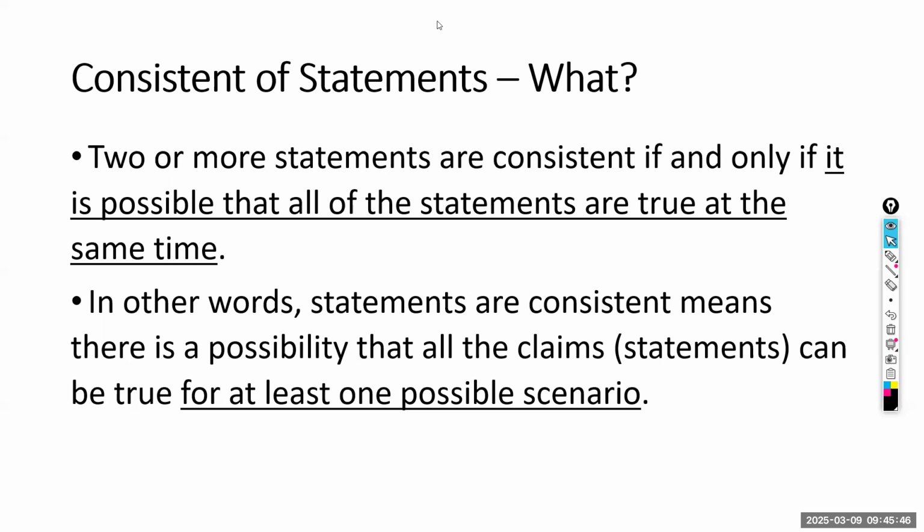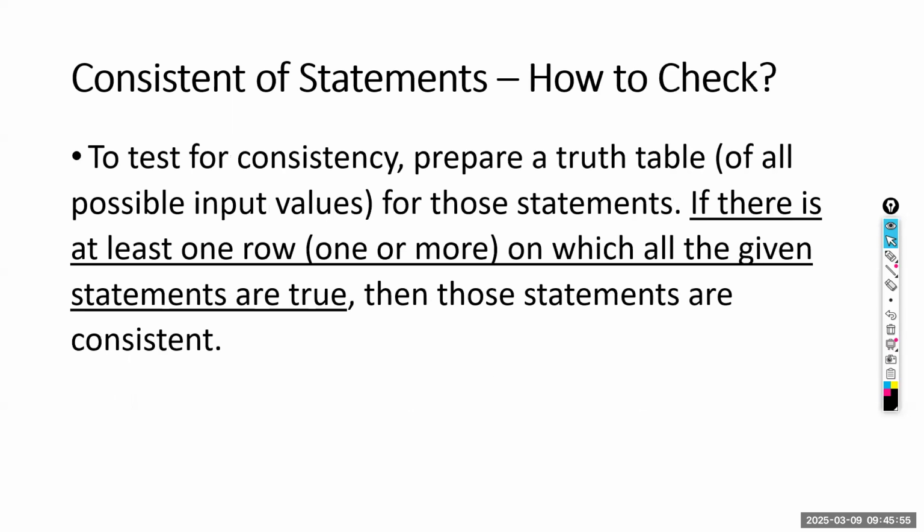Right. How do you formally prove whether a set of statements is consistent or not? It's very easy. You just prepare the truth table for all those statements, and see whether there's any input scenario where all your statements are true.